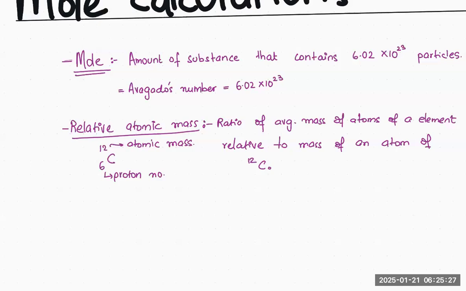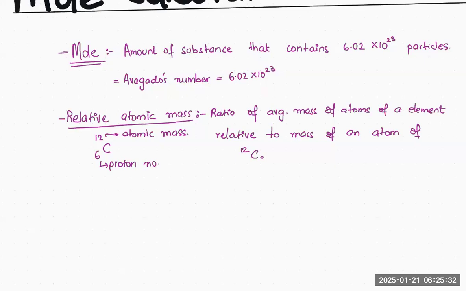Then we need to go over the concept of isotopes. What are isotopes? Isotopes are atoms that have the same proton number but different nucleon number, or different neutron number.